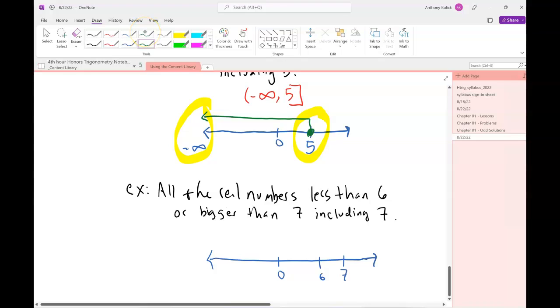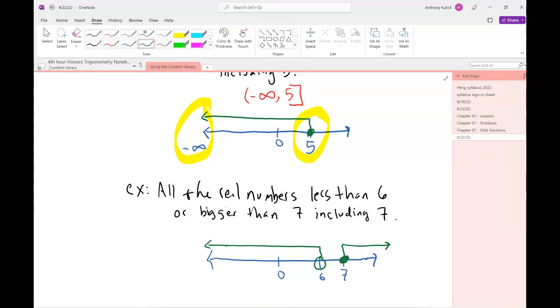All the things that are less than 6, notice that I'm drawing that with an open circle. And then the things that are bigger than 7, including 7, well, that'll get the closed circle.